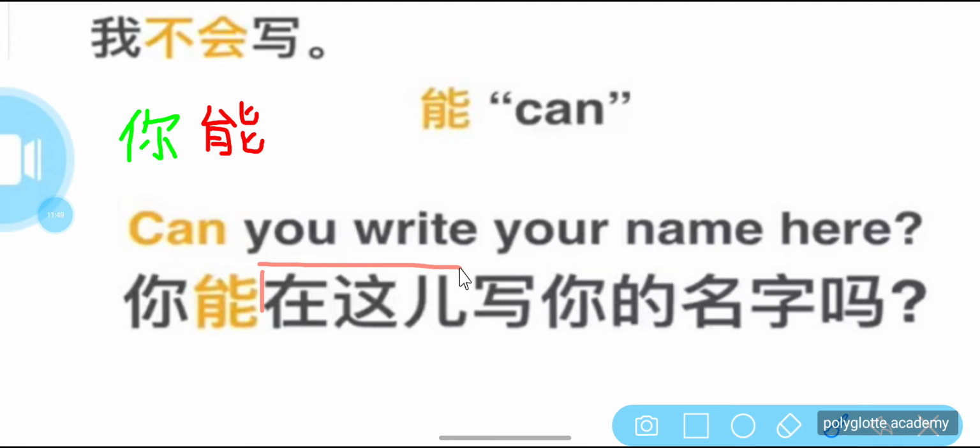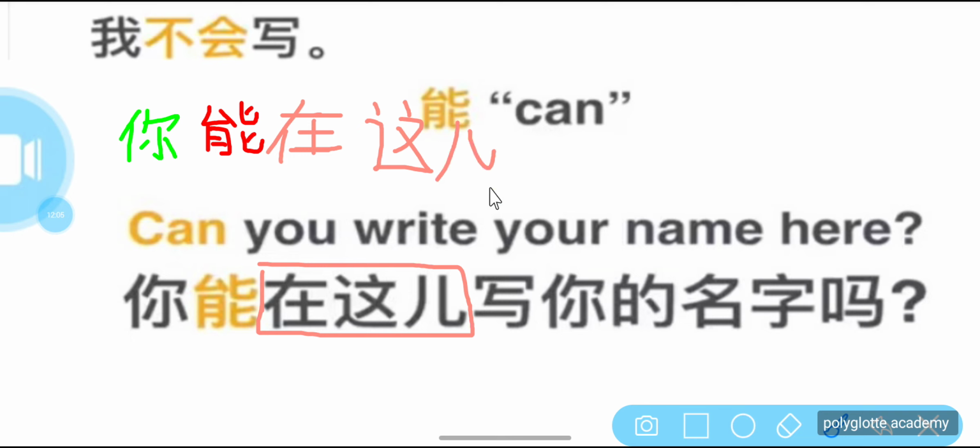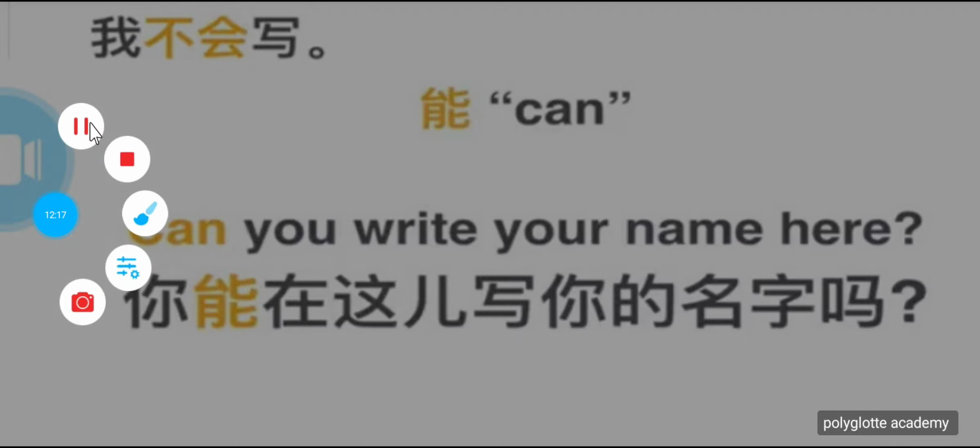I really take my time explaining all the characters. So we have 你能在这写.